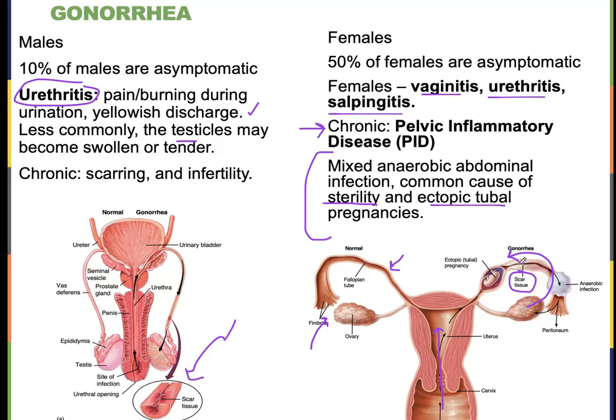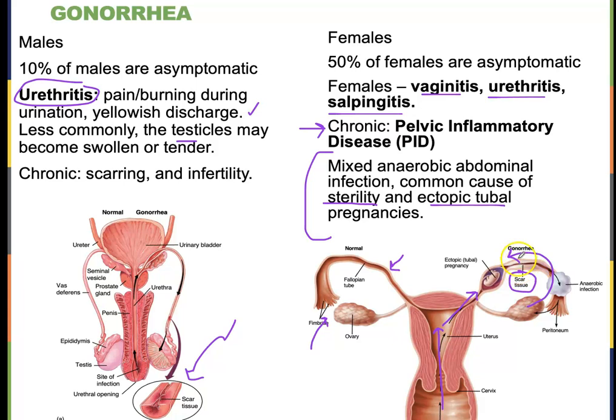tube this way. So an ectopic pregnancy is basically where the egg does make it down. I'm sorry, the sperm, the sperm makes it up. Okay. So the egg is a large cell. The large cell gets released into the fallopian tube. The sperm come in and they fertilize the egg.